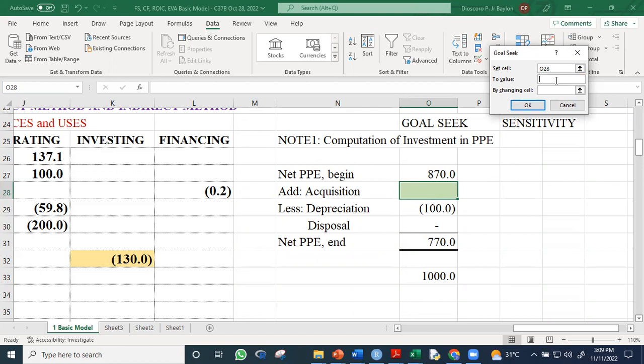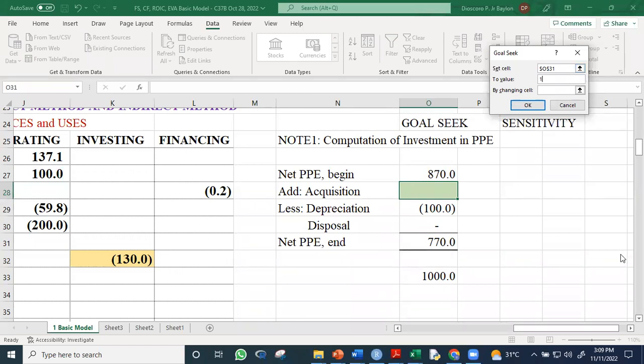Okay, 1,000. So what do we set? John answered here. Correct, net PPE. So we set net PPE, linking it to net PPE. And then to what value? As I said, class, this is not linkable.